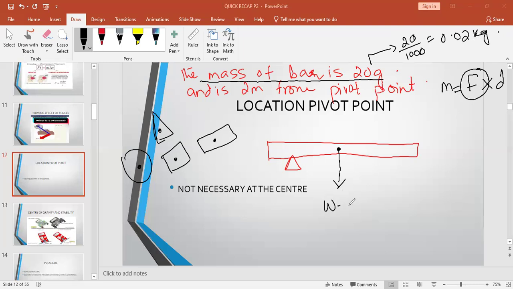How? We will apply this formula. We will make this mass as weight, and weight is a force. So this will become 0.02 times g, where g is 9.8. Whatever the answer is, now this force is basically the weight. Tell me the answer. And they are saying it is 2 meters from the pivot point.